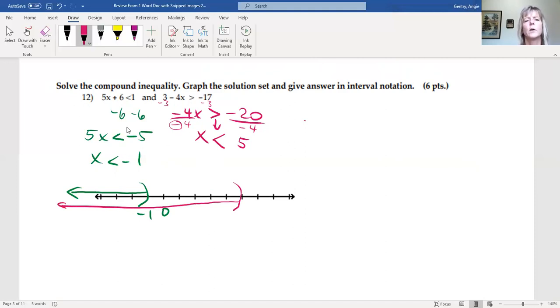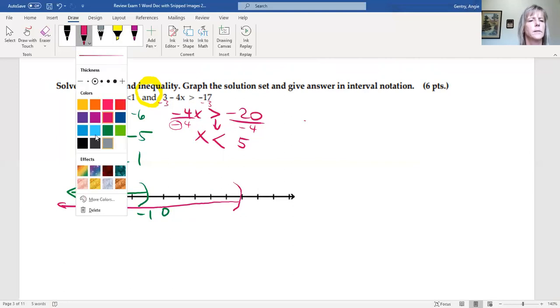And then we talk about the keyword. Before I say what's my final answer, I look at and. If it says and, hang on, let me grab a different color. Orange is one of my favorites, but that's not always as easy to see. Let's do this.